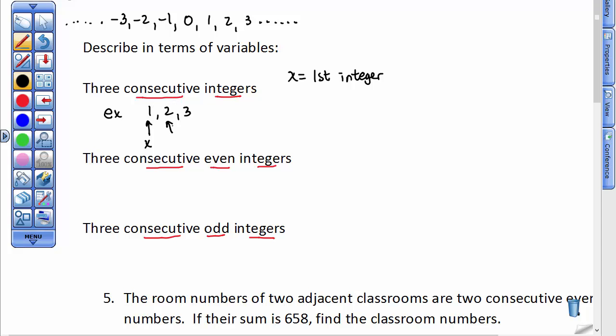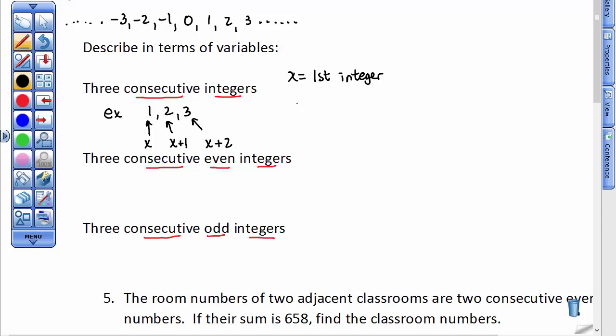To just grow it by 1, you'd take the previous number x and add 1 to it to get to the number 2. And then to get to the number 3, you'd start with the first number, that's the number 1, and add 2 to it to get to the number 3.